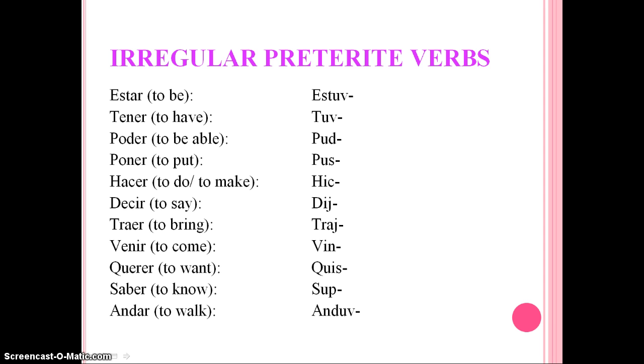Tener tuv, poder pud, poner pus, hacer hic, decir dij, traer traj, venir vin, querer quis, saber sup, and andar anduv. We will practice with these in class. Make sure you get all of your stems.